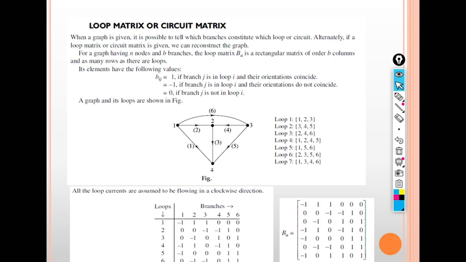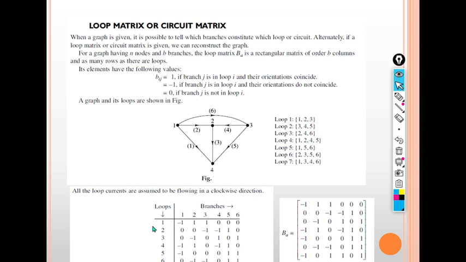So if I write the loops and branches, then I can get a matrix. So I am getting 7 loops here. I am writing 1 2 3 4 5 6 7 for loops and branches 1 2 3 4 5 6.